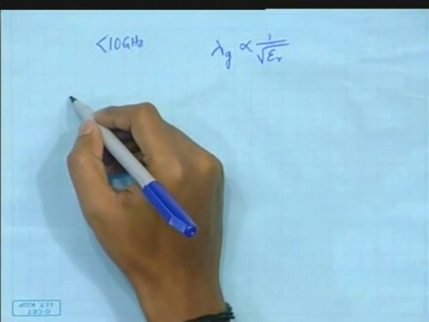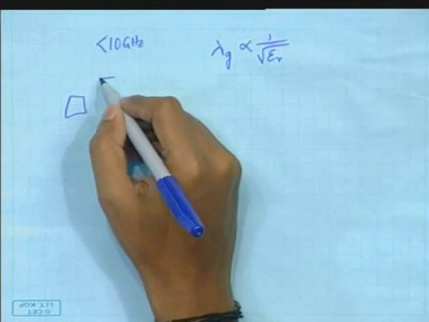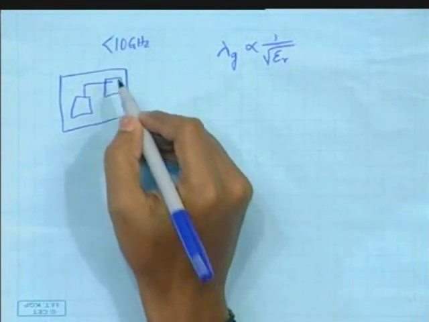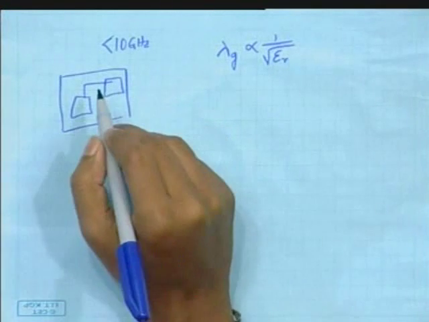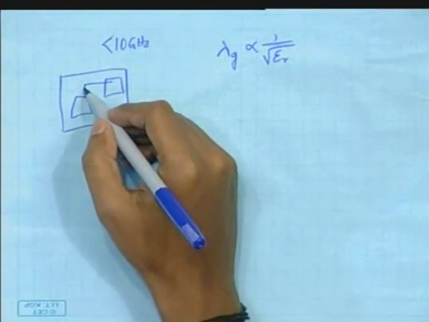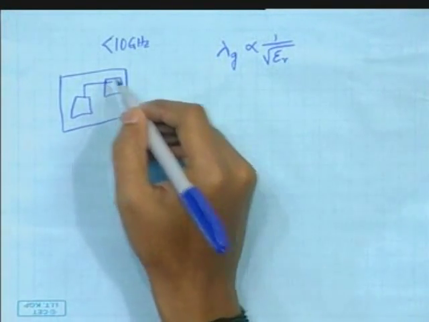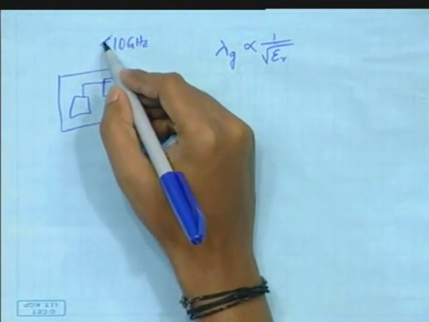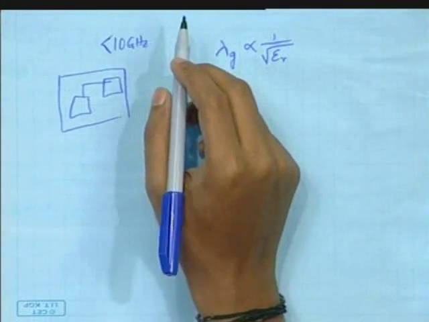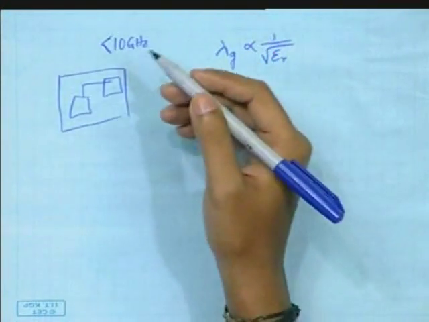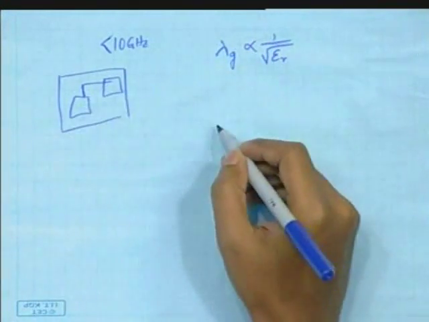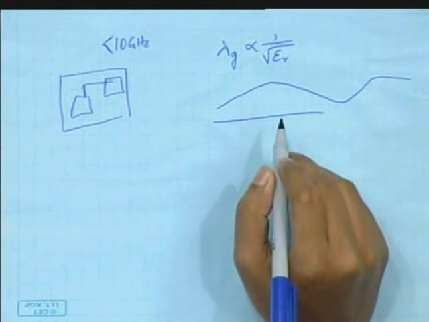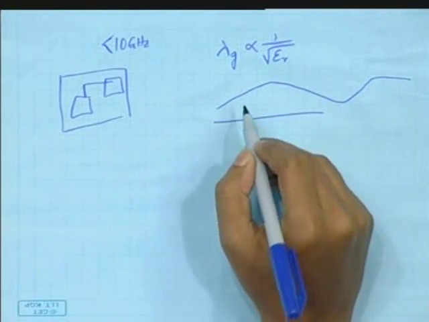what people do is, suppose you have a circuit here and a circuit here on the same die, you can connect them simply by a metal line at low frequencies. But at high frequencies we cannot use these lines. At low frequencies the wavelength is very large, so it doesn't matter, the field or voltage distributions across the line will remain constant.